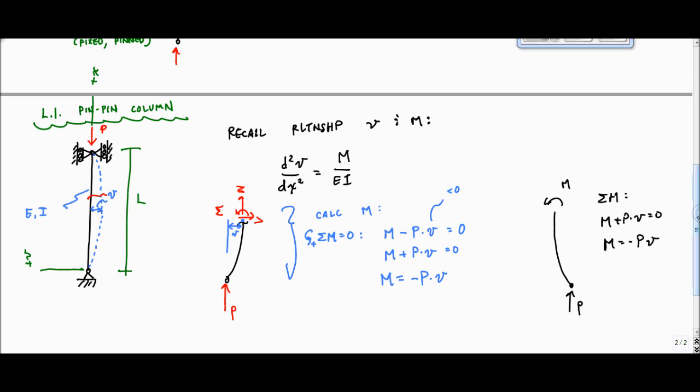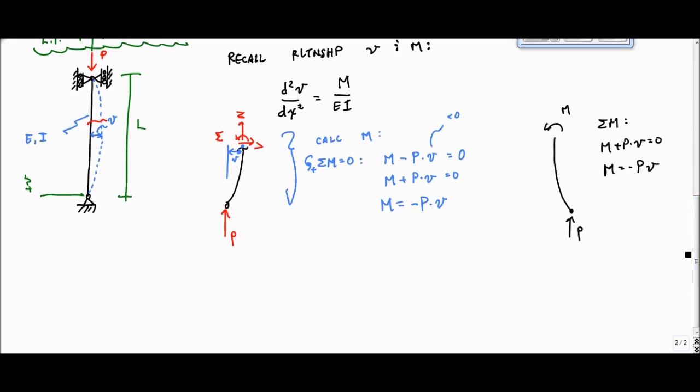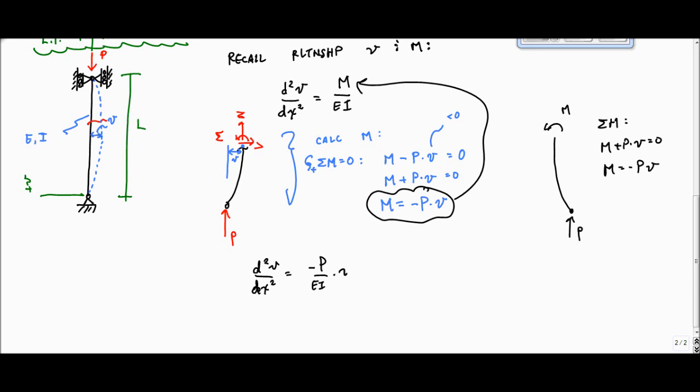Now what I do here, and this is why this class requires a co-requisite for differential equations, also because of the double integration method, is to substitute this into here. That gives me d squared v over dx squared equals minus P over EI times V. Using everything you learned in differential equations, this becomes V double prime plus P over EI times V equals 0.